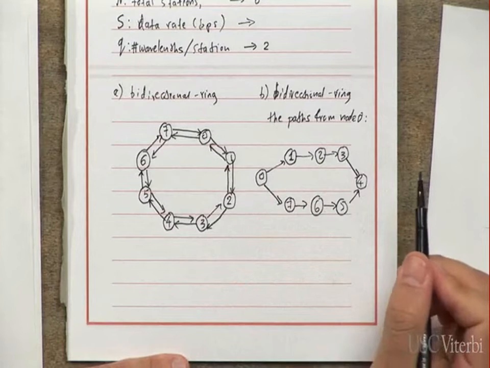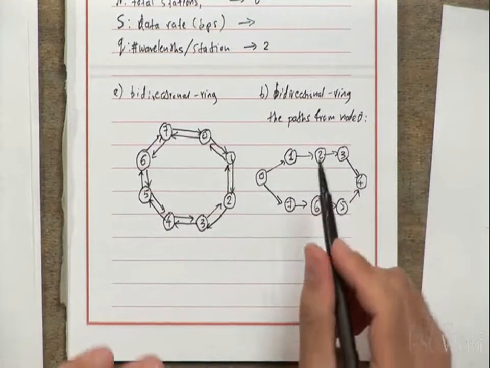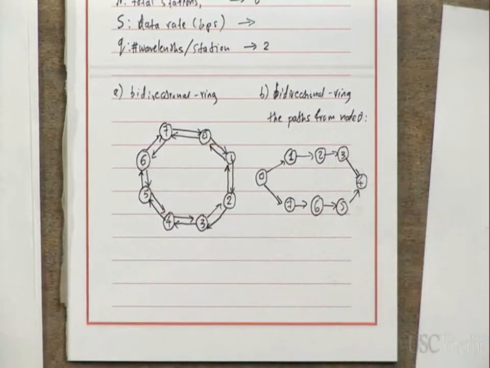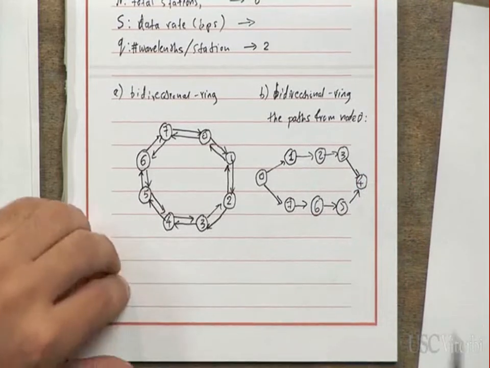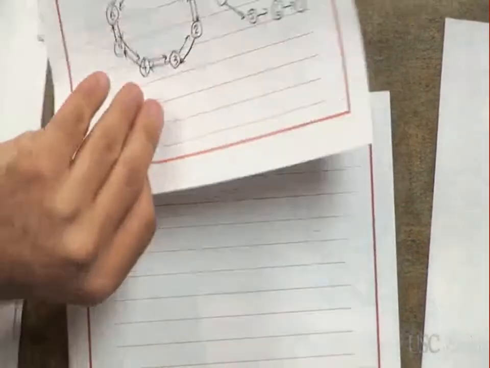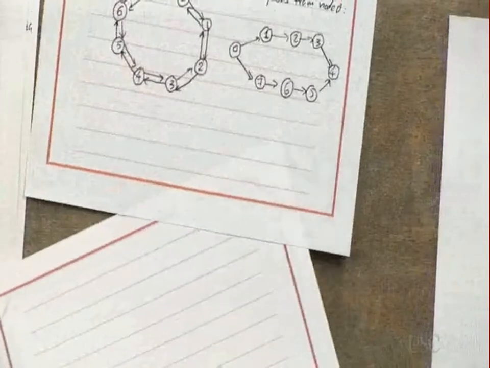Make sense? Okay. Now that's the path for this particular case. Now let's do the same in the next page for the perfect shuffle.